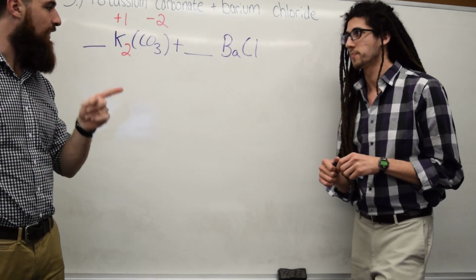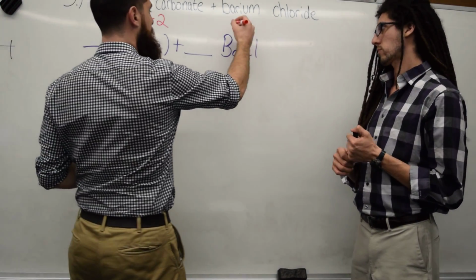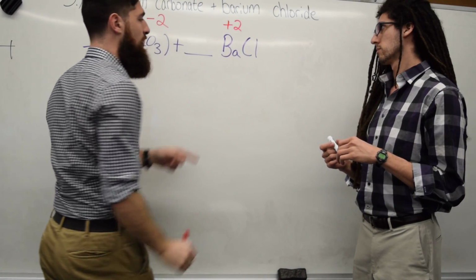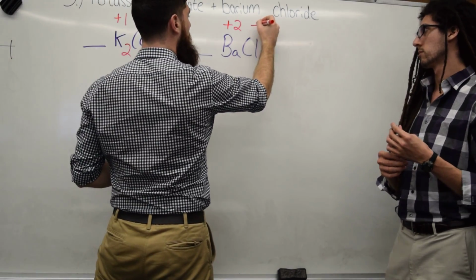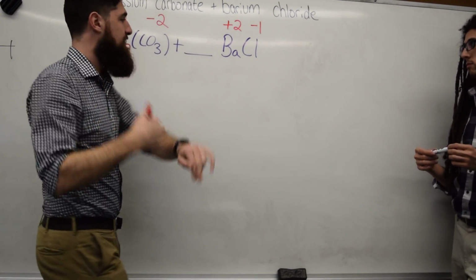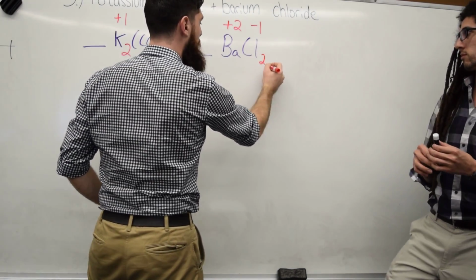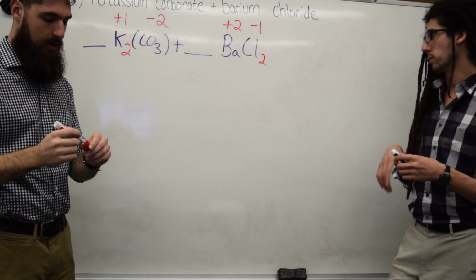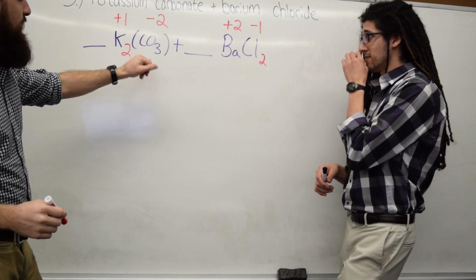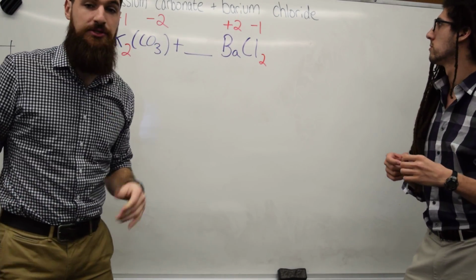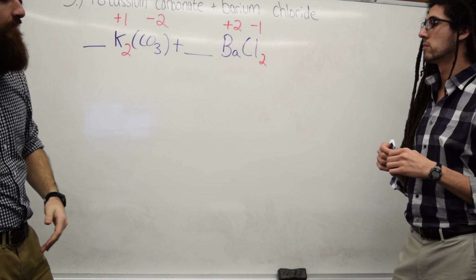Crisscross applesauce. Now barium is +2, chlorine is -1. Crisscross applesauce. K2CO3 plus BaCl2. That's what our reactants are going to look like.